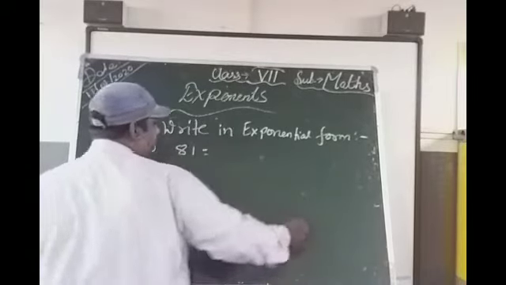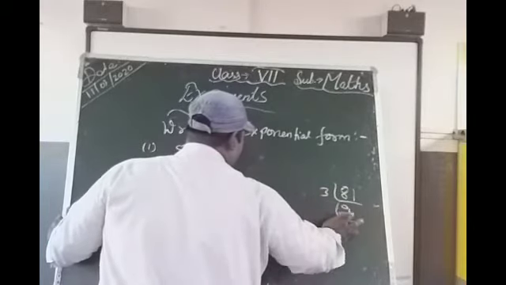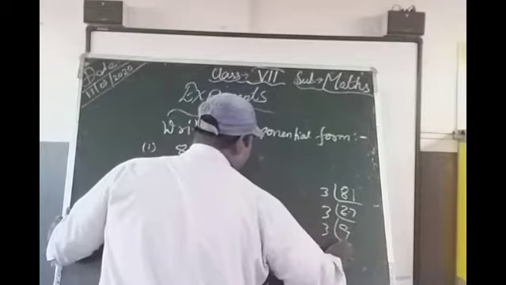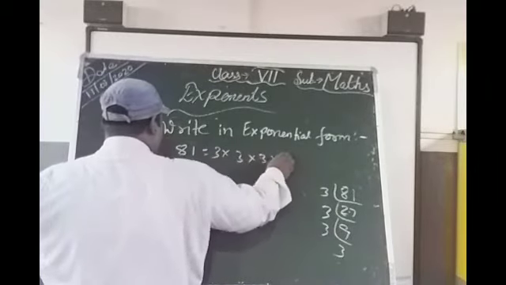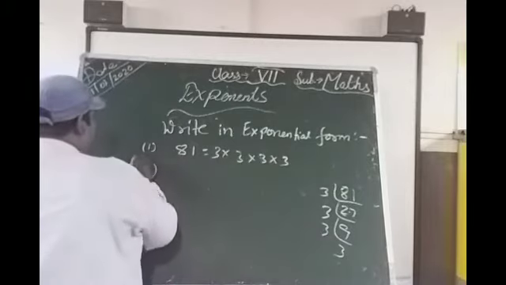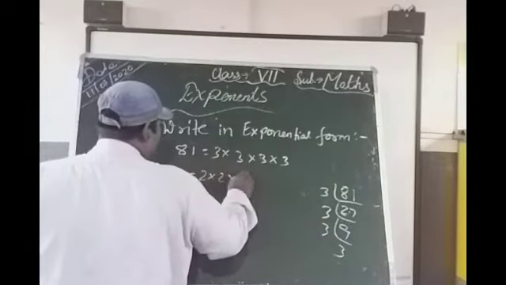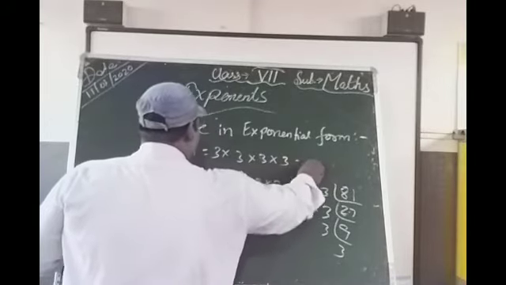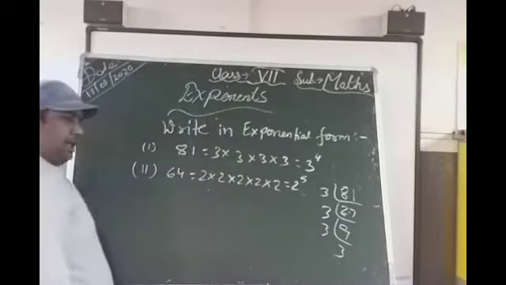You will prime factorize 81. 3, 9, 3, 9, 3, 3. It will be 3 into 3 into 3 into 3. Suppose that 64 is given. You get 2 into 2 into 2 into 2 into 2 into 2. 81 will be written as 3 base to the power 4. 64 is written as 2 base to the power 6.